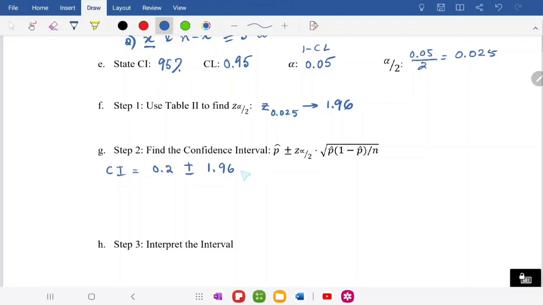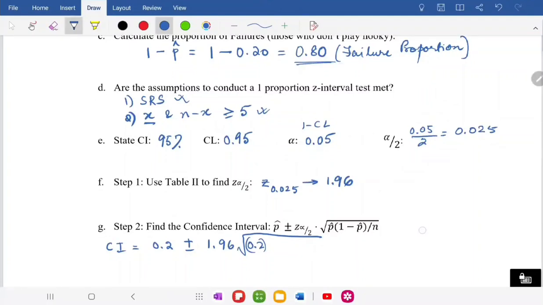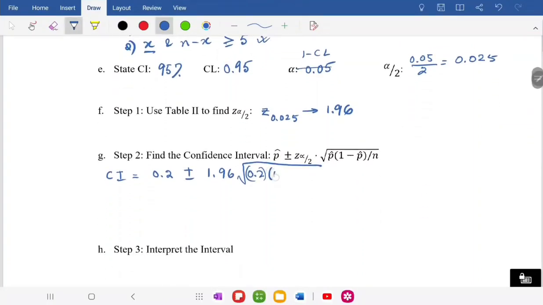1.96, and then multiplied by square root over P hat is 0.2, and 1 minus P hat we already found here is 0.80. So I'm just going to write 0.80 divided by 1010. So 1010 is our n.